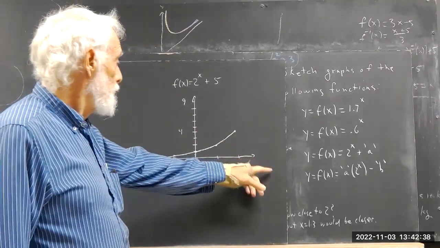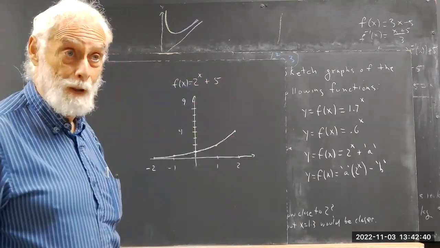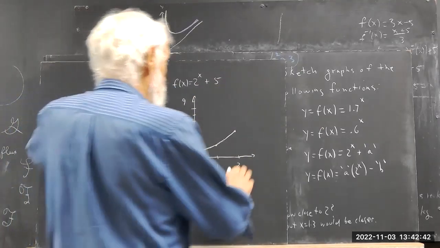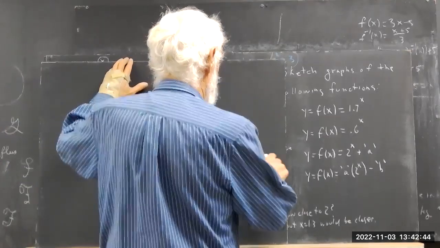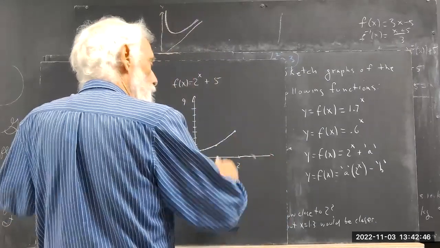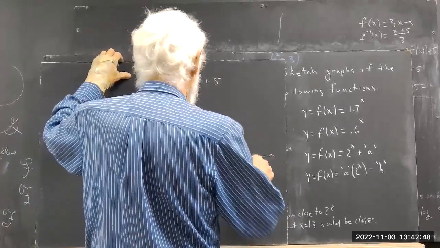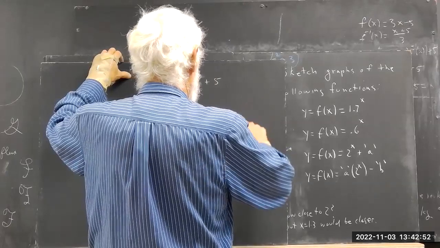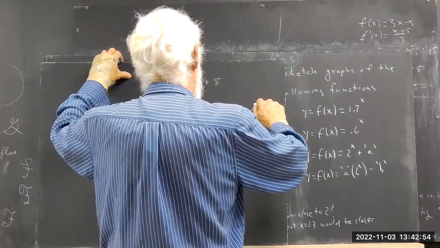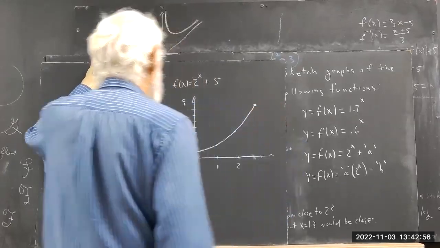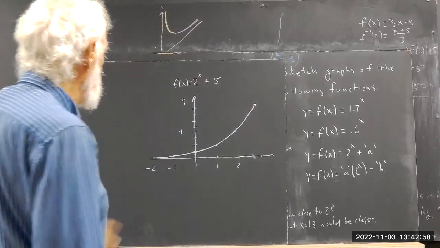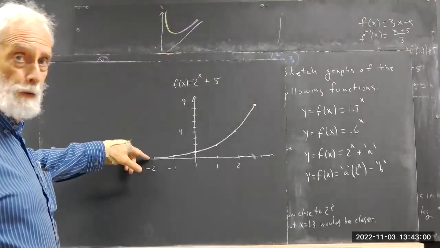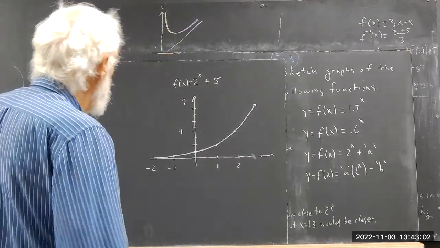If you want to go out to x equals 3, there's room up here. Okay. Why not do that? If you've got the basic graph, it's really easy to see how it extends. So that's going to come up here to x equals 8. And get some point here. No point in going to negative 3. It's already too close to the x-axis.